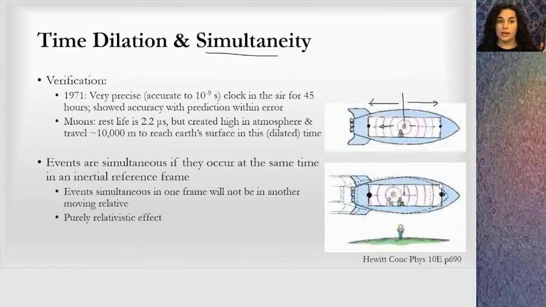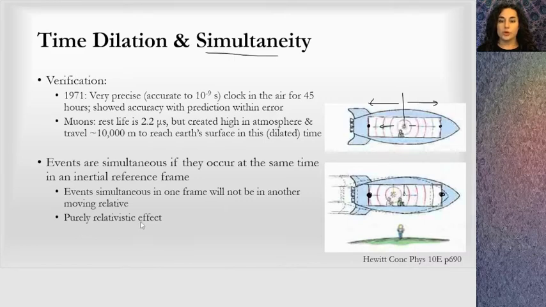The person on the ship would see these two light rays hit the front and the back of the spaceship at the same time, but a person on the ground does not. So a person in the spaceship sees it as simultaneous. A person outside the spaceship does not. Very weird. Events simultaneous in one frame will not be in another frame.